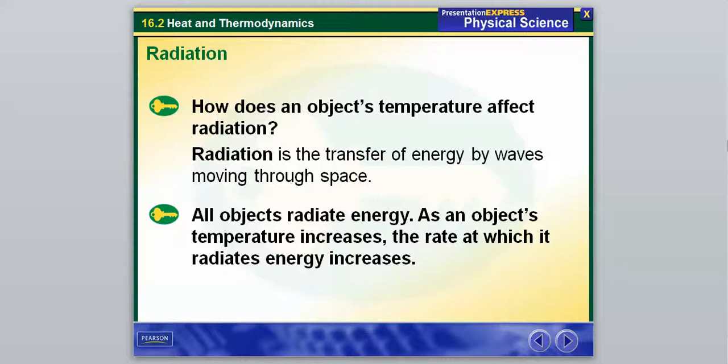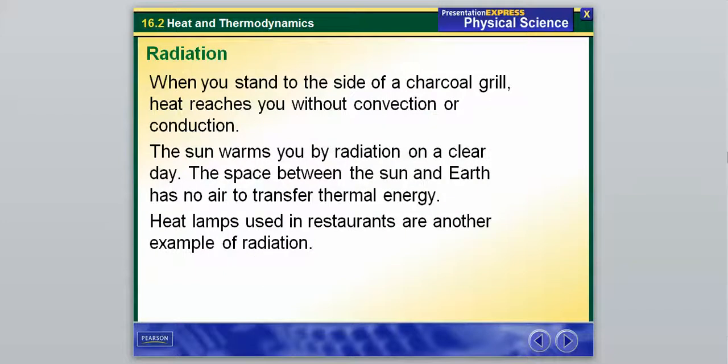To give an example, when you stand to the side of a charcoal grill, and this is a good time of year for that, heat is going to reach you without convection or conduction. You're not directly touching the charcoal grill, and there's no heating and cooling of air, but you still feel heat reaching you through the process of radiation.